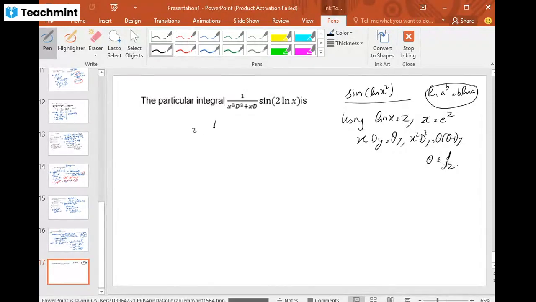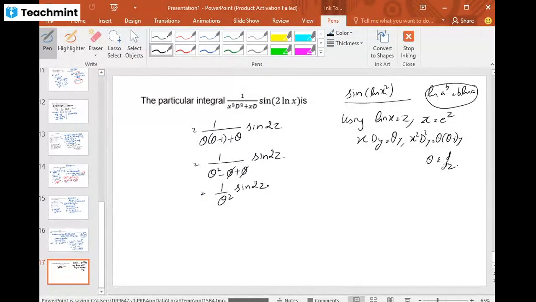So you can get here 1 upon theta into theta minus 1 plus theta times sine of 2 log x. What is log x? It is z. So it is 1 upon theta square minus theta plus theta sine 2z. So this theta square and theta get cancelled out. 1 upon theta square.